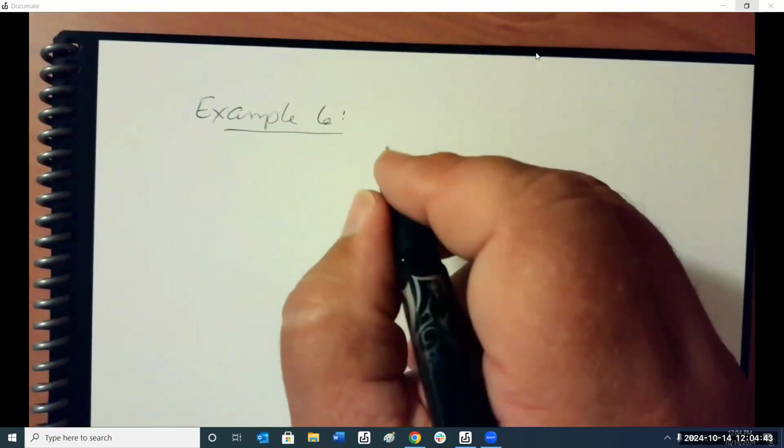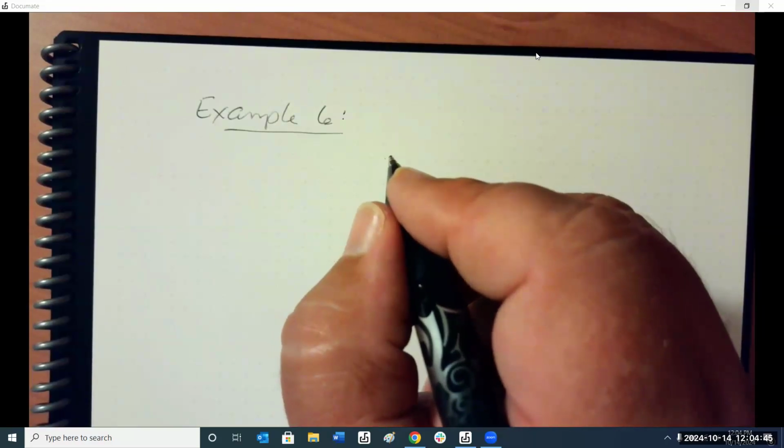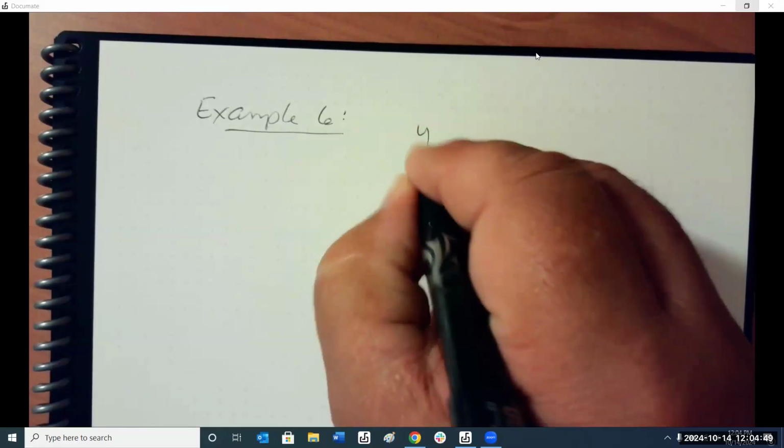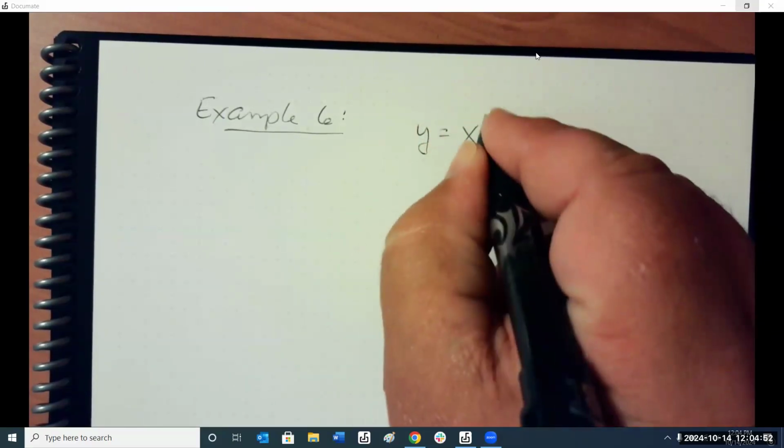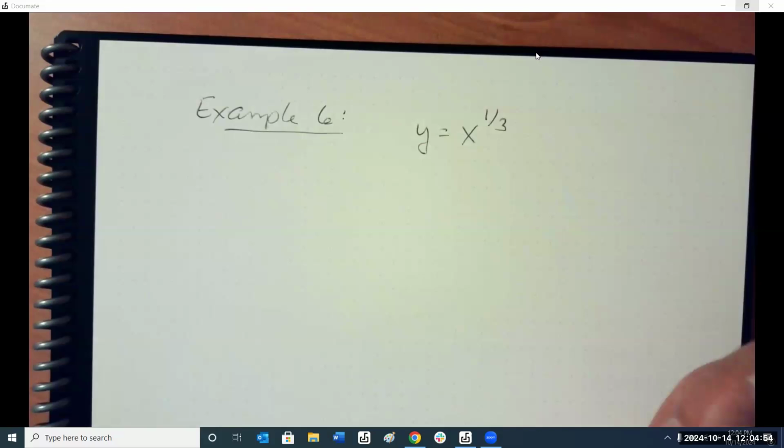Look at example 6. That one's just pretty short. The graph has a point of inflection at the origin because of the second derivative. So we have y equals x to the power 1/3.